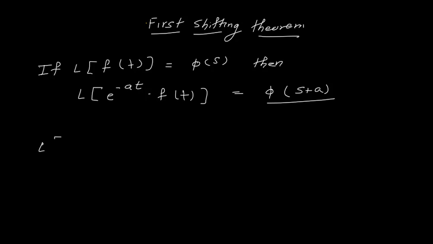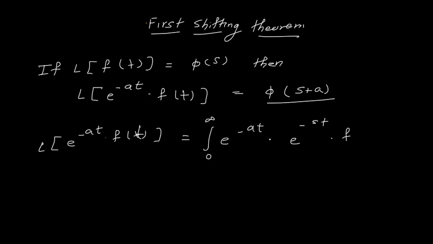So Laplace of e power minus at into f of t, this we can write as integral 0 to infinity, using the formula, e power minus st into e power minus at into f of t into dt.